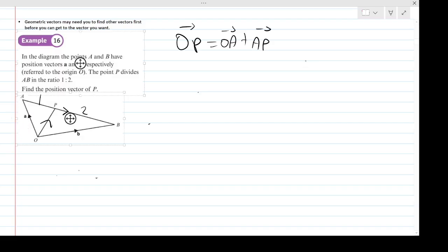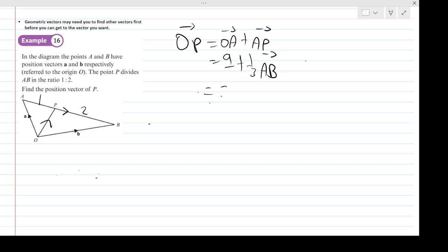So now OA we're given is the vector A. Then A to P, well, we don't know AP, but we do know, because we're given it, AP is one part out of 3 parts of AB. So it's going to be a third of AB, the vector AB.